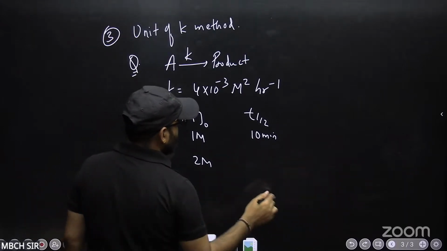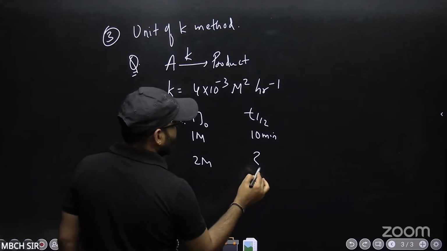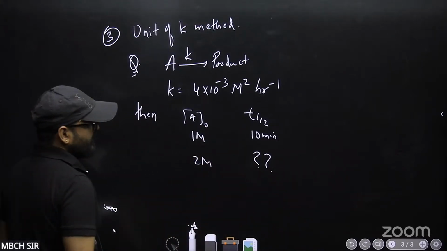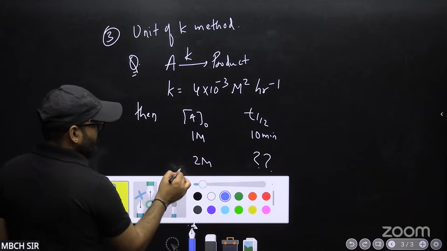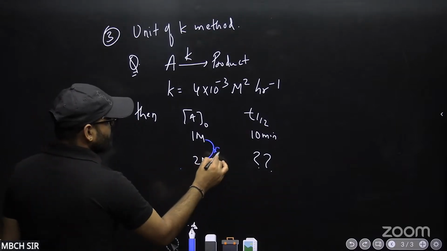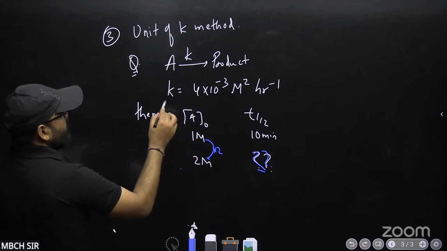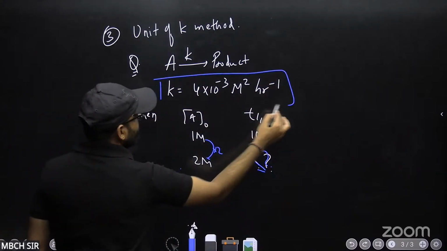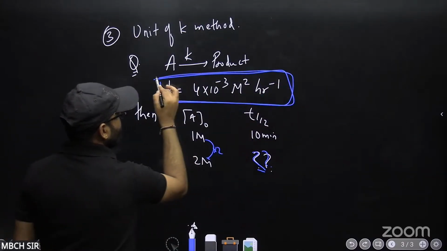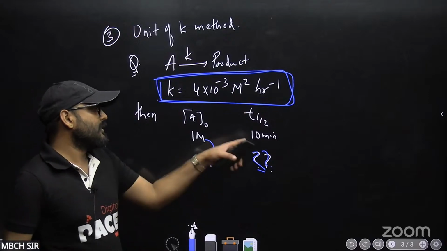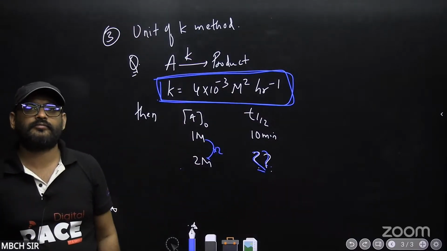Sorry. You have to find this T half value. If the concentration is increased 2 times, then what will be the T half value now? Your given data is this only. From this, you have to predict this T half value. Do it.